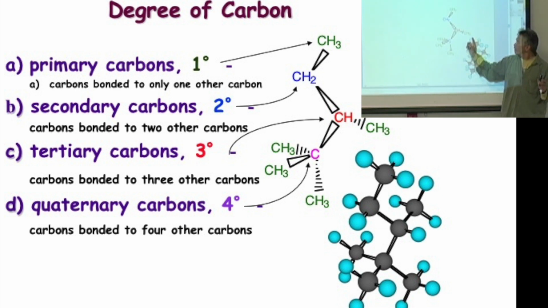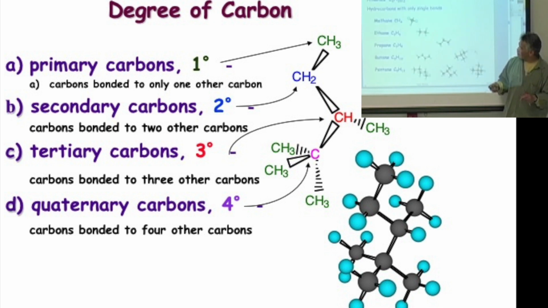This carbon right here is attached to 2 carbons, here and here. It's called a secondary carbon. This carbon right here is attached to 3. It's called a tertiary carbon. And this carbon right here is attached to 4, so it's called a quaternary carbon.